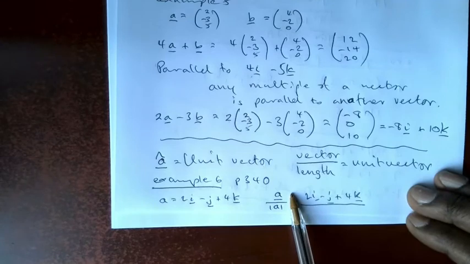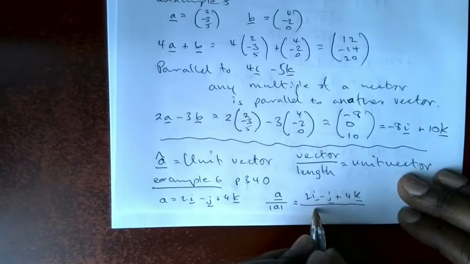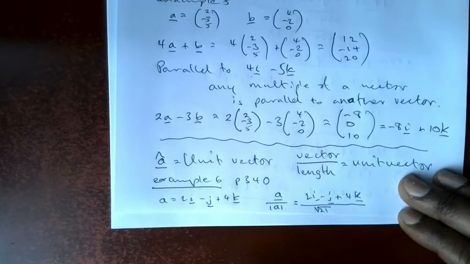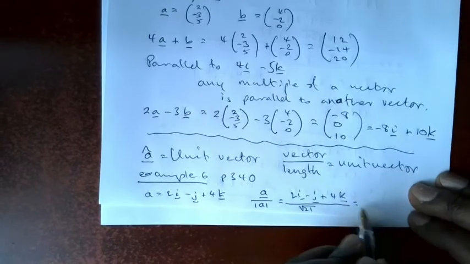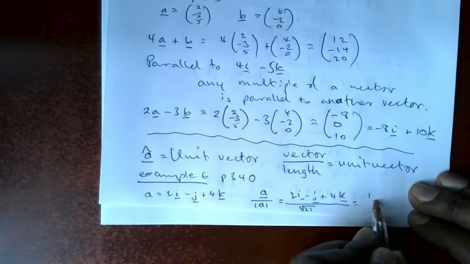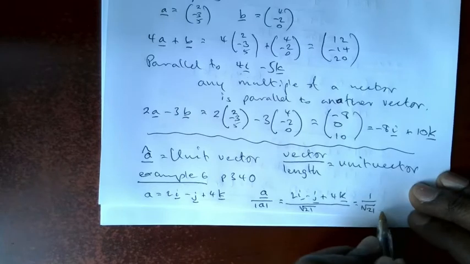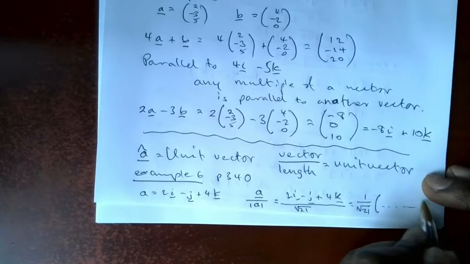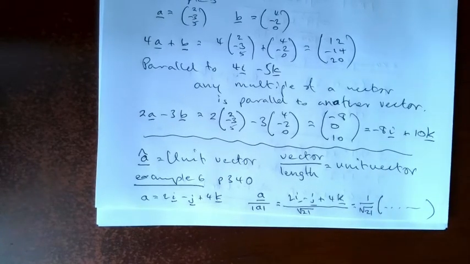Yeah, so square root of 21. Now you can leave it like that, or you can write it like this, 1 over the square root of 21, and then just put this vector in brackets like that. Okay, so there's lots of different ways that you can write the answer.